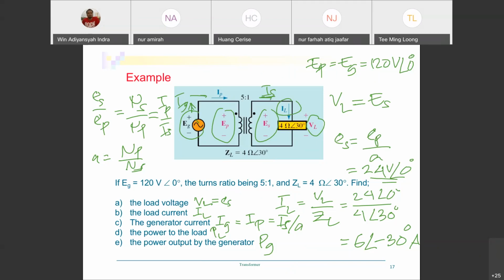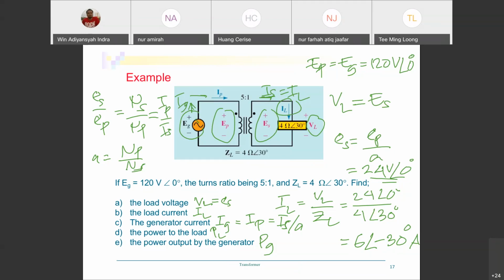If you look at the drawing here, IS will be equal to IL then, because there is no resistor, capacitor, or inductor in between in parallel. So IS equal to IL. IL just now is 6, with minus 30 degree.